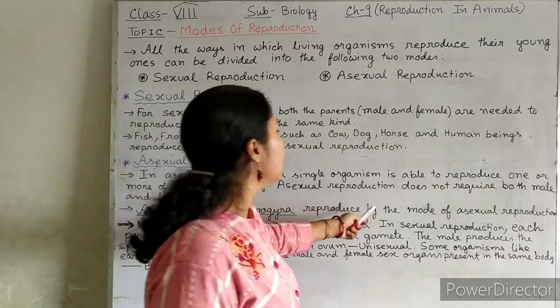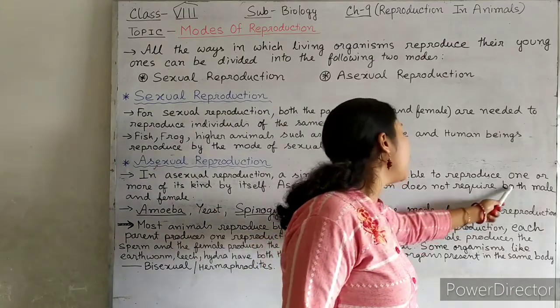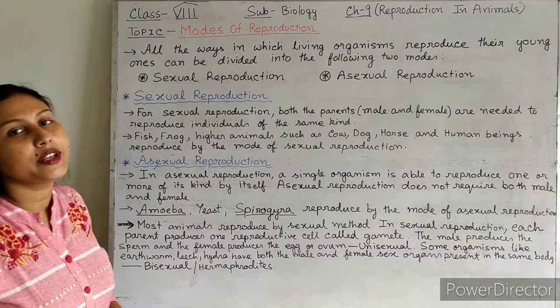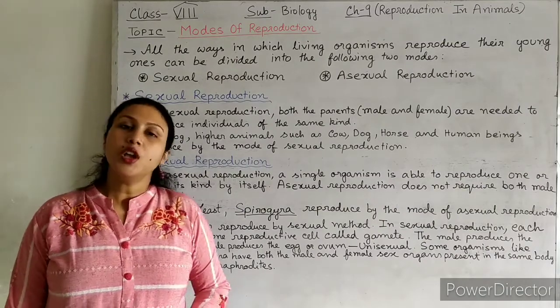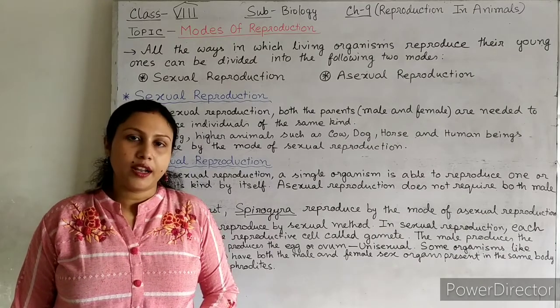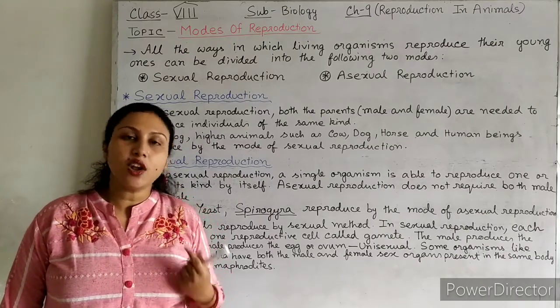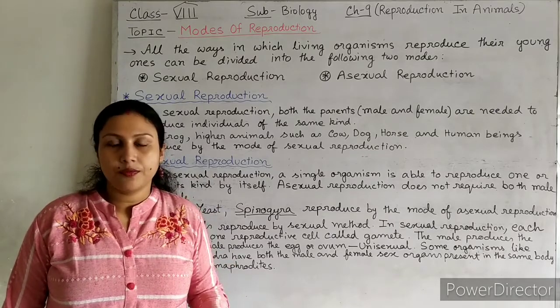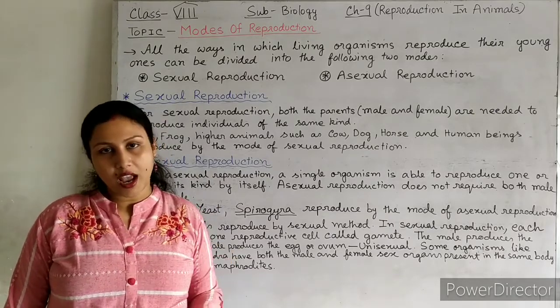Asexual reproduction does not require both male and female. A single organism can reproduce its young ones of its own kind.